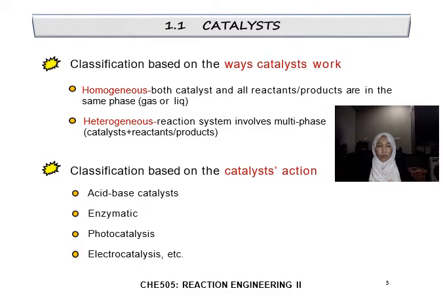So for example, if the reactants are in gas form, maybe steam to react with CO2, so both steam and CO2 are gas. So maybe it uses another catalyst, which is maybe carbon monoxide as catalyst, for example. Okay, so we call that a homogeneous catalyst.